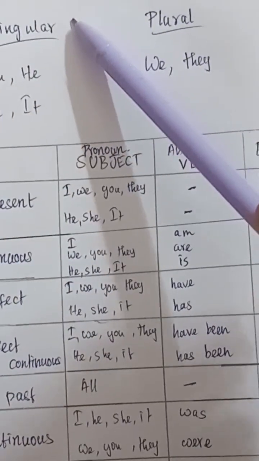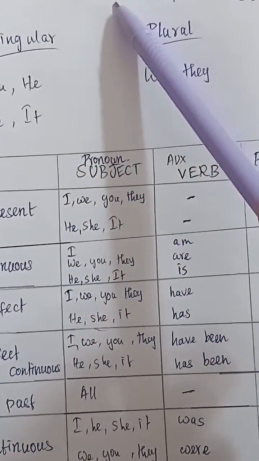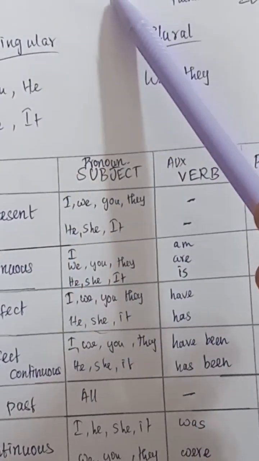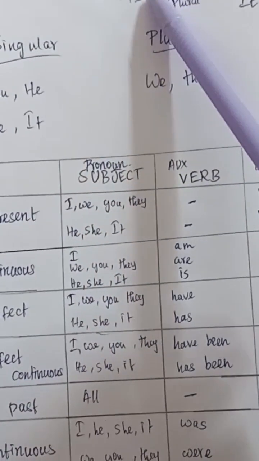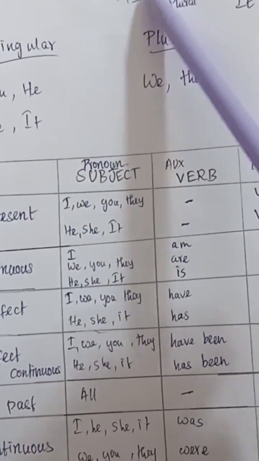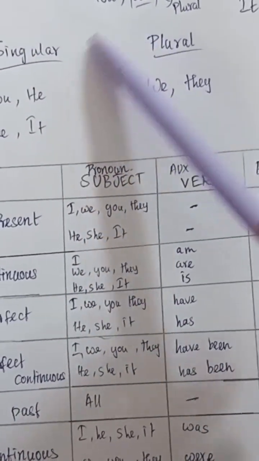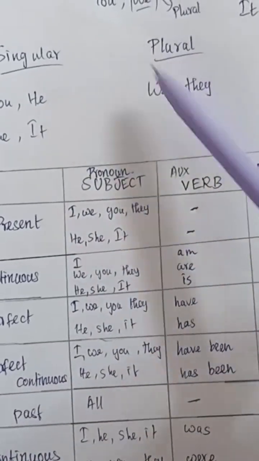When two people talk to each other, one person says to the other you, or they say to the other we, or they say about another person, that's they.